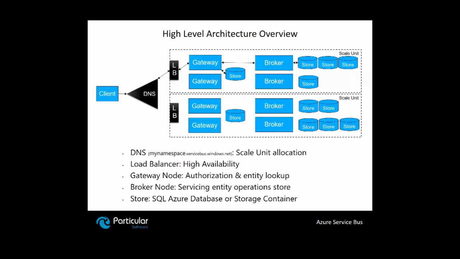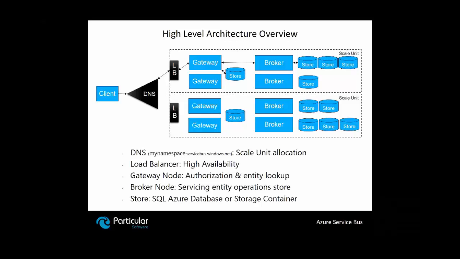Then the service itself consists of two layers of nodes. And the first layer is what we call the gateway node. This is the one that you actually make your connection to. So a gateway node will accept your connection, and it has the responsibility to perform authorization, whether or not you're allowed to make the connection. And it's also responsible to look up inside the system where a certain entity is hosted. This entity is hosted by something called a broker node.